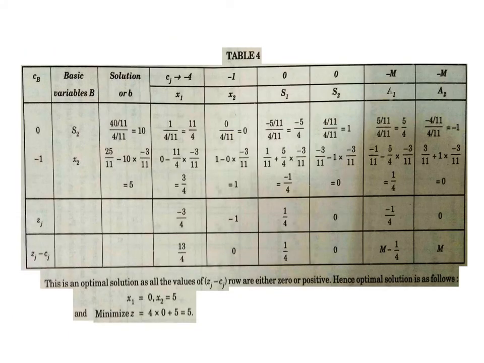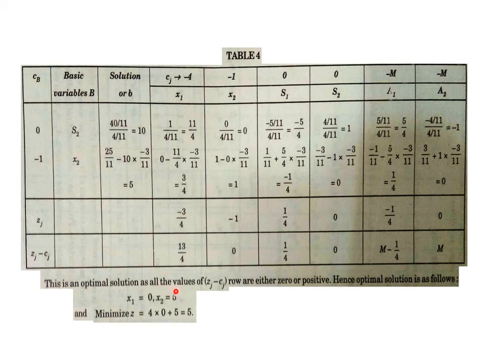Now table 4 is created using table 3 and the outputs of table 3 as per the previous slide. After creating that table, for Zj minus Cj it can be observed that there is no negative value in any cell. That is, all values of Zj minus Cj are either 0 or positive, so it's the optimal solution. And in this table you can check it.